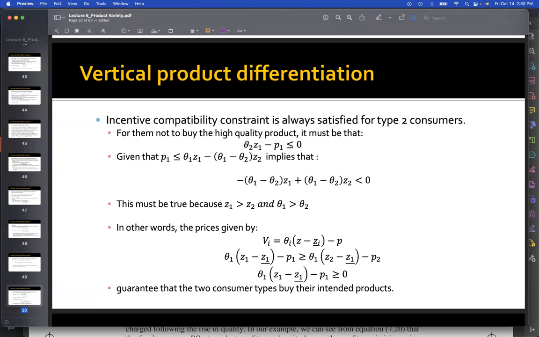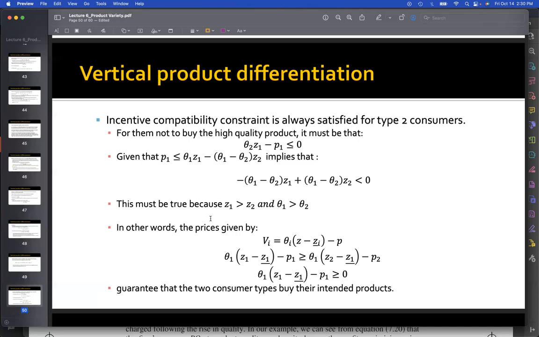Now, given this, which comes from the incentive compatibility, it implies this, which must be true because Z1 is bigger than Z2, and the difference in the thetas has a positive value. So if that's negative, Z1 must be bigger than Z2.